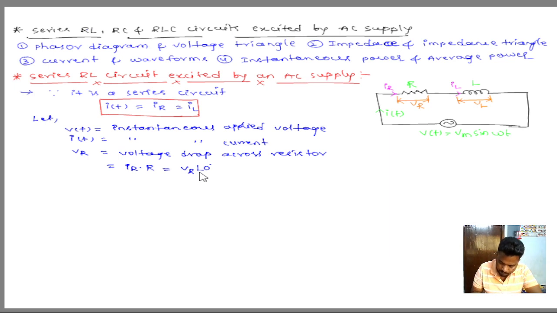Therefore, if the current flowing through the circuit is same, then to draw the phasor diagram, we take current as a reference phasor. Then I is at an angle 0, because current is taken as the reference phasor, whose phase angle is 0.